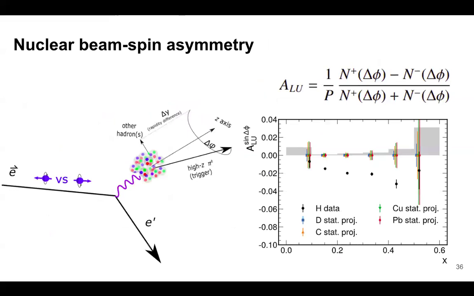Okay. So then what happens if you are actually recoiling against a nucleus rather than just a nucleon? Does everything get scrambled up by the nucleon-nucleon interaction? Is that what makes the projections for the nuclei?